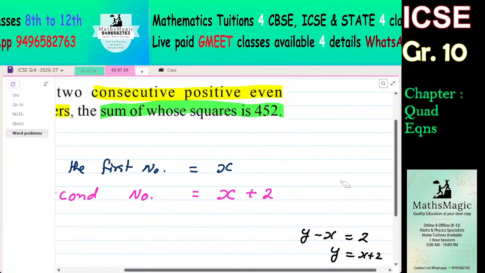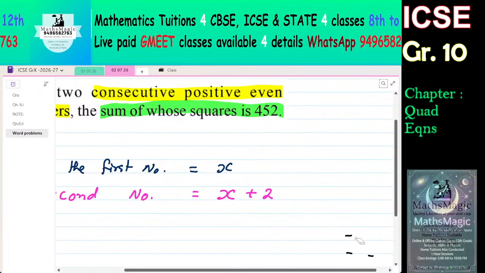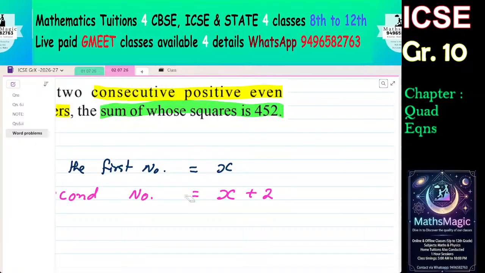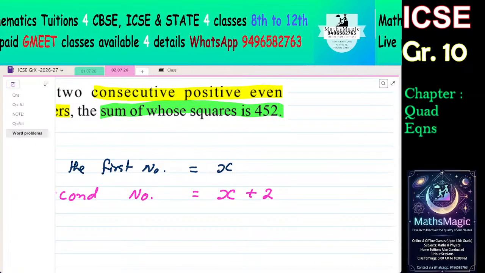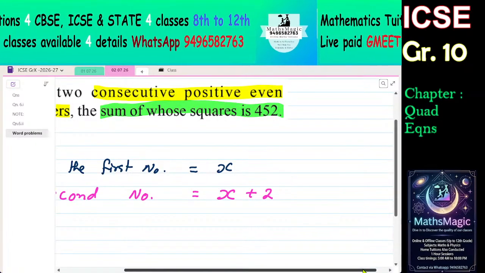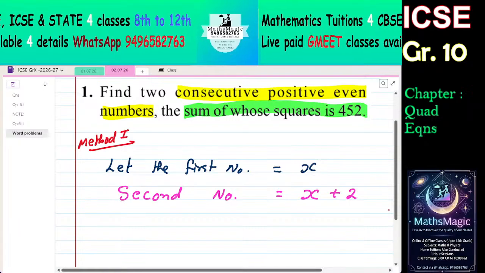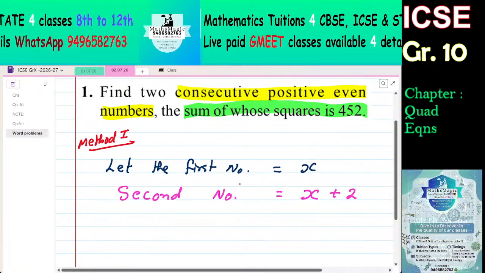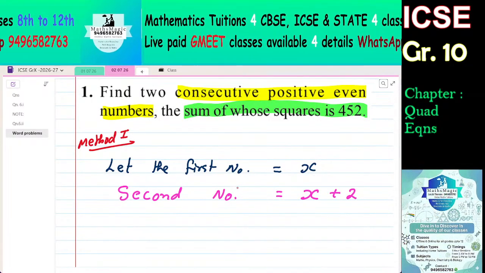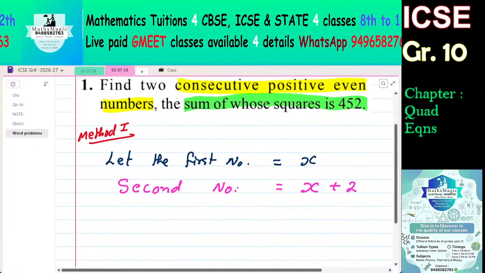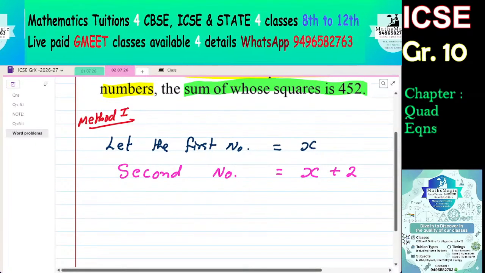For the time being, we'll strictly stick to the single variable type. If I give you that second method, maybe a little bit of confusion will be there. Okay, I'll also give it to you afterwards.